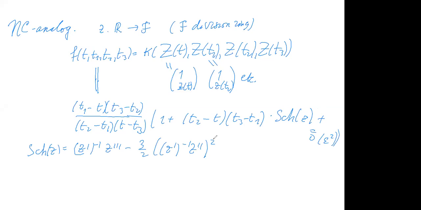As you see, here we have successfully resolved the problem of quantization. I have chosen the order of product of terms in some canonical way, because in general z prime need not commute with all the rest, with z double prime.